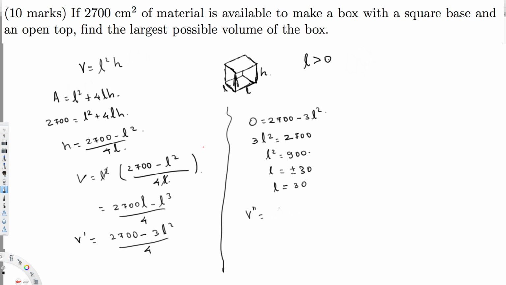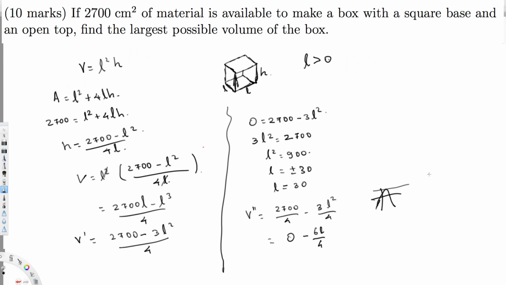The other one is going to become minus 6L over 4. If you apply any positive L, as we mentioned already, it's going to be a negative number. Therefore, the graph is opening down, which means the value we are going to find is the absolute maximum.